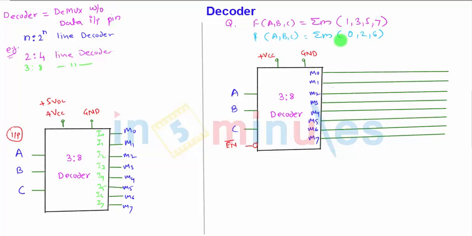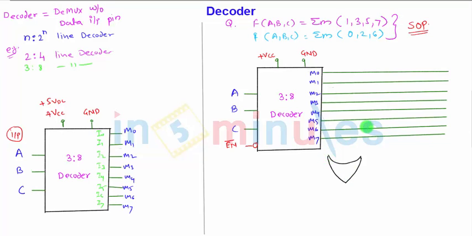We need to implement 2 functions, so we require a summation of products. We are going to write the equations in SOP format, sum of products. The product terms are present at 1, 3, 5, 7. So we will implement the first one, and a summation of products is required. To sum this, I have an OR gate here, which will implement function number 1.